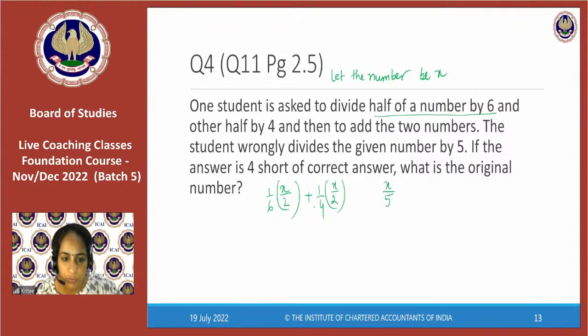He said, I don't want to go by 6 and 4, I'll simply divide the number by 5. Whatever answer he got is 4 short of the correct answer. So in order to make it equal, I will add 4 here.